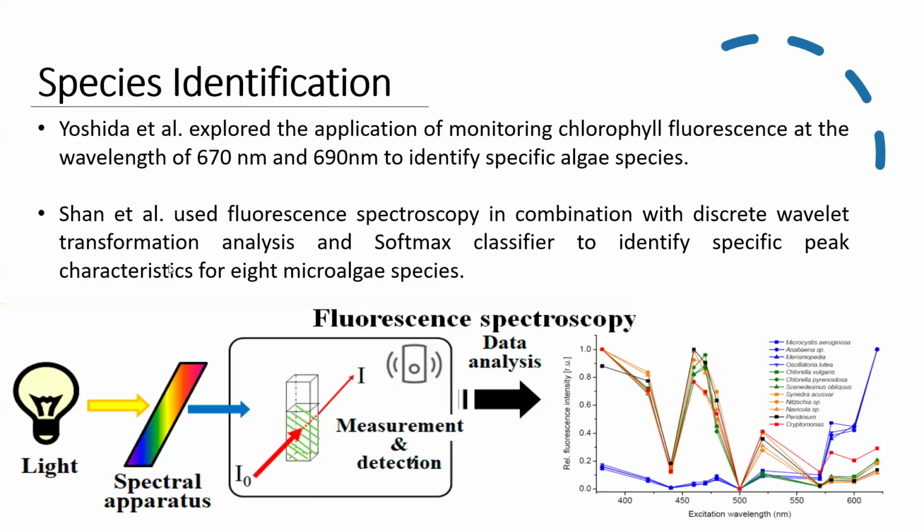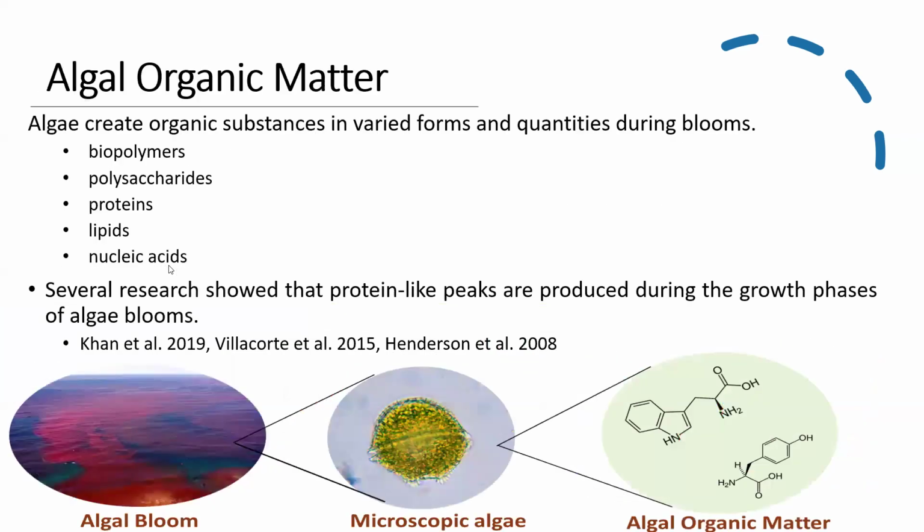However, the spectral analysis of certain fluorophores in microalgae is limited due to the spectral similarities between species, which hinders the accuracy of identification. Hence, the fluorescent properties of protein-like peaks can offer an alternative for monitoring blooming species. Now, these organic substances are produced from microalgae in varied forms and quantities.